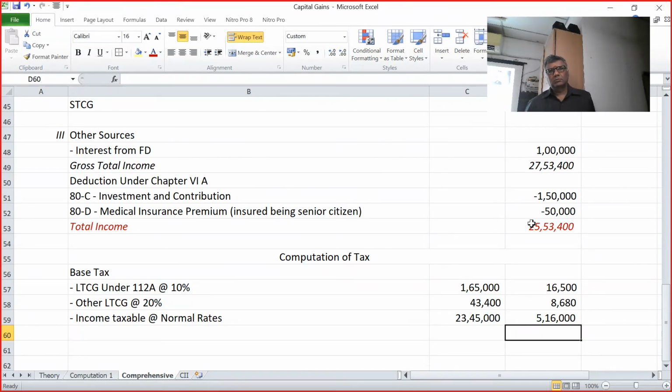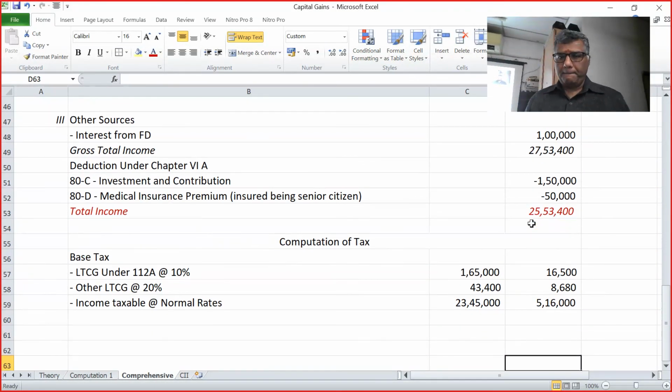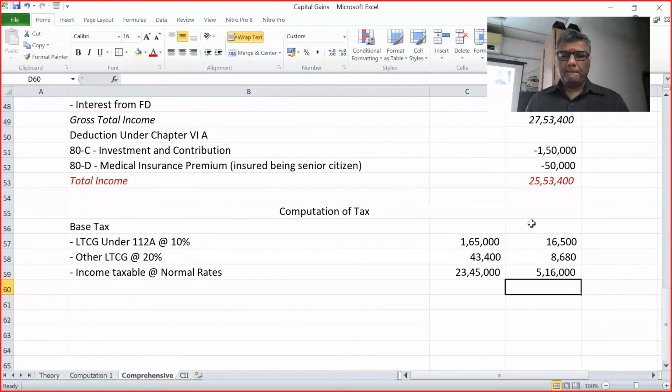STCG on which STT paid is only 15%. No surcharge and all.